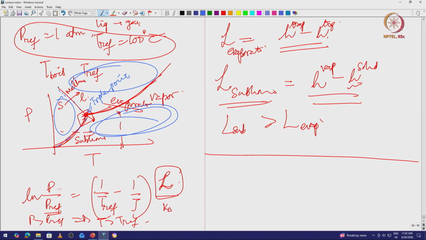Now, that is fine, but it also tells me something about the kinetics. I can take a vapor or I can take a liquid and suddenly reduce the temperature to a very low temperature, and then I have a driving force, given by this sort of undercooling, that will tell me when my solid will form.